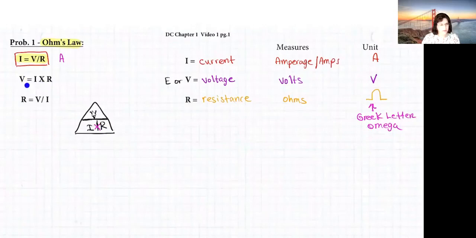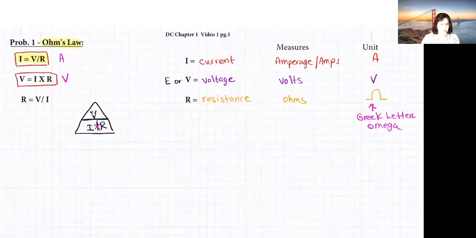So if you cover the V in the triangle, you'll find I times R, okay? So there's just a different way of writing Ohm's law. This is also Ohm's law, but the unit is now voltage because this is voltage. It measures volts and the unit is V. Yes? Okay, make sure I'm not going too fast, okay?